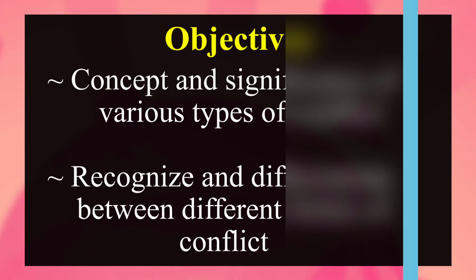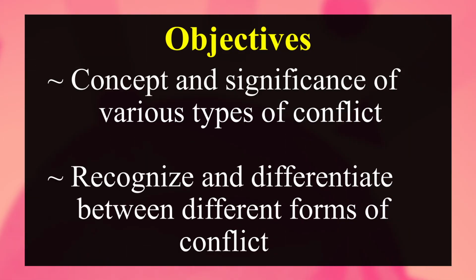What truly matters is how we understand conflict, how we respond to it, and how effectively we manage and resolve it. Objectives of this lecture are: number one, the concept and significance of various types of conflict. Number two, recognize and differentiate between different forms of conflict.